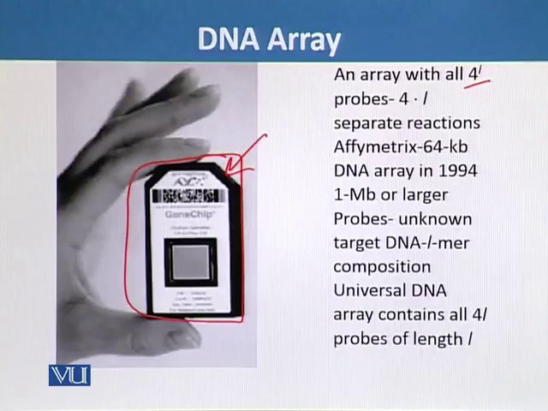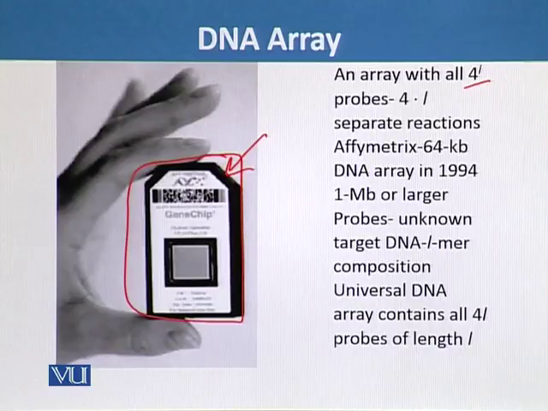Today, different companies have built arrays of more than 10 megabases or larger that are used routinely, and the use of these DNA arrays has become one of the most widespread new biotechnologies.